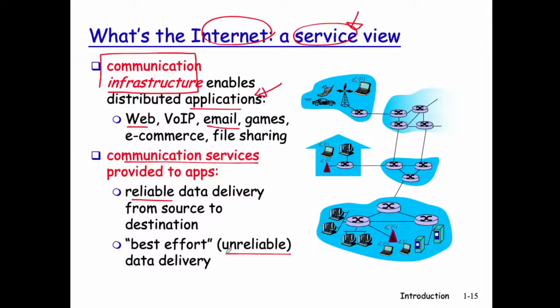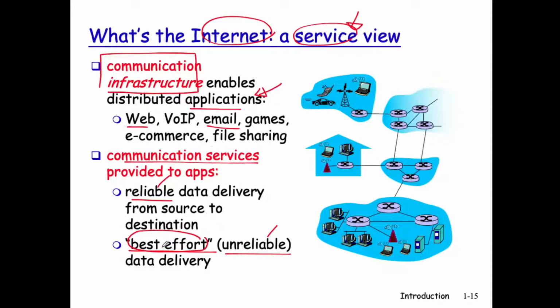There's just one thing I want to clarify. For the unreliable data delivery service provided by the internet, a lot of times we call it the best effort service. I know it's a little bit counterintuitive because reliable data delivery is obviously better than unreliable data delivery. So why call the unreliable service the best effort service? Take note here, we're saying this is best effort service. We're not calling it the best service.